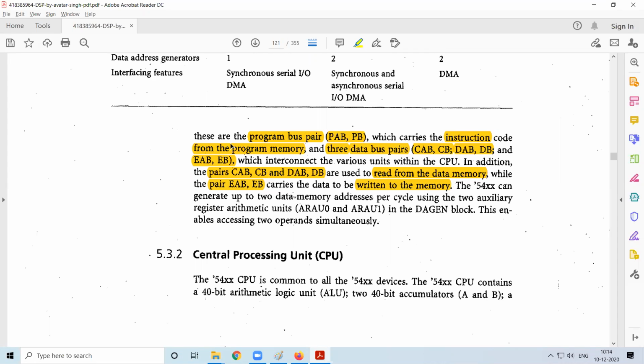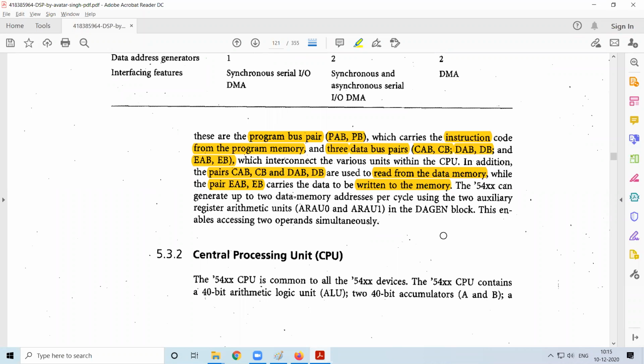So in one instruction cycle itself, I'll be able to perform all these things. This is how the DSP increases the execution speed and provides the result at a much faster rate. Along with that, other hardware also comes into play. This is how it goes for the 54XX.